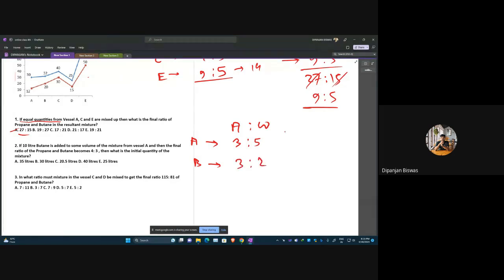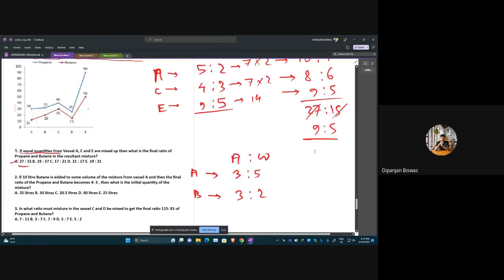Now, if the liquids of these two vessels are mixed in equal quantities, can anyone tell me what will be the ratio of alcohol and water in the final mixture in this method? Just try to solve it by yourself and tell me the answer.